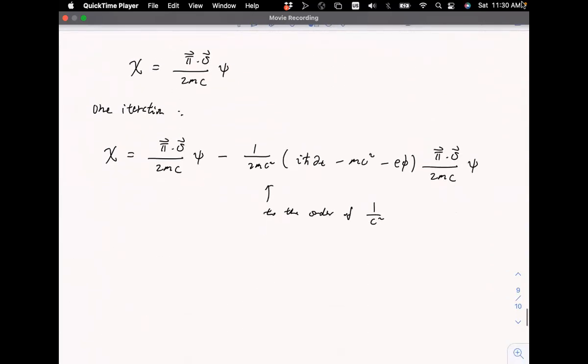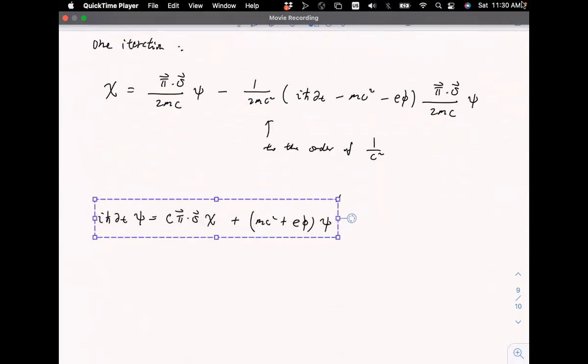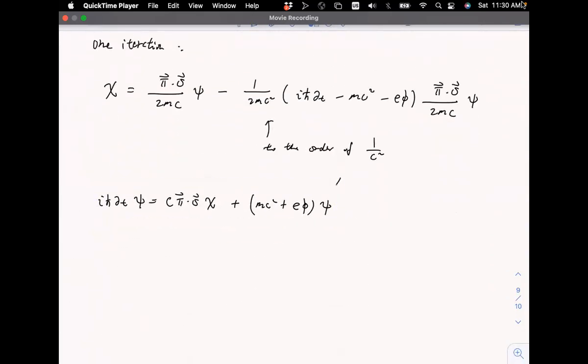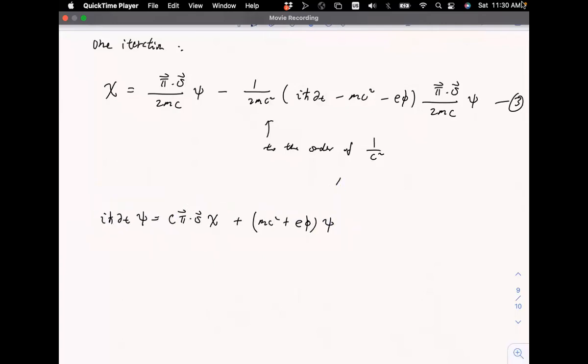Then we go to equation 1. Copy. Okay. And let's say this is equation 3. Then you just put equation 3 into equation 1.